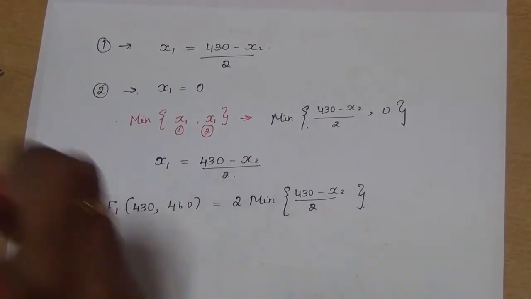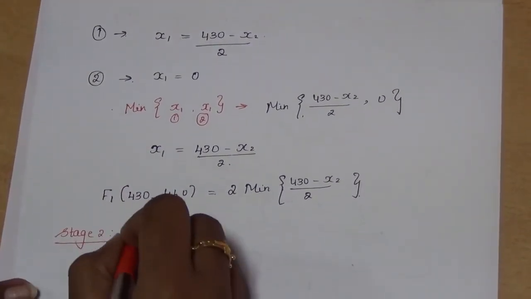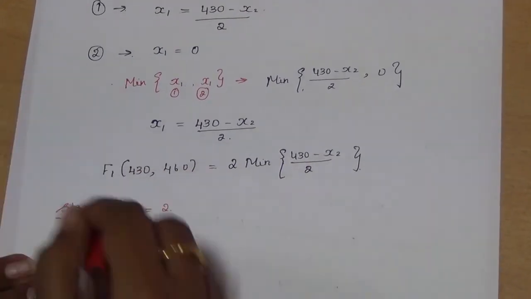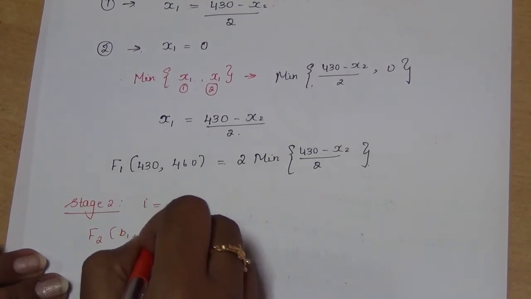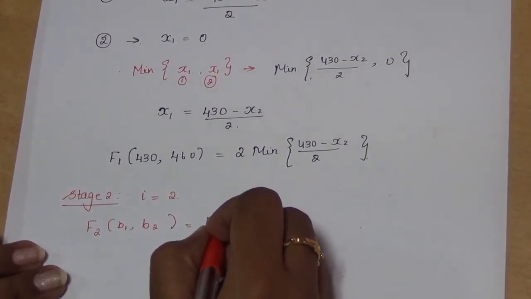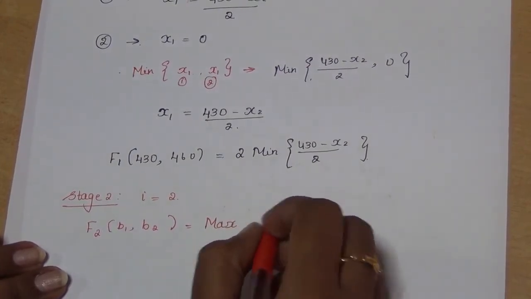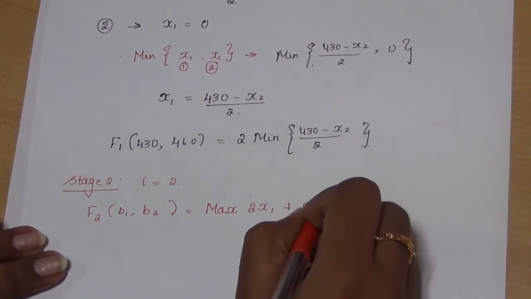Now let's go to stage number 2, where i's value will be 2. The function framed here will be f2 of b1, b2, and the equation formed will be the max of, we'll include both the variables up to the second variable, so that will be 2x1 plus 5x2.